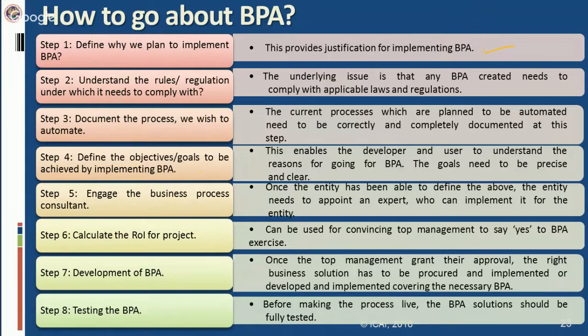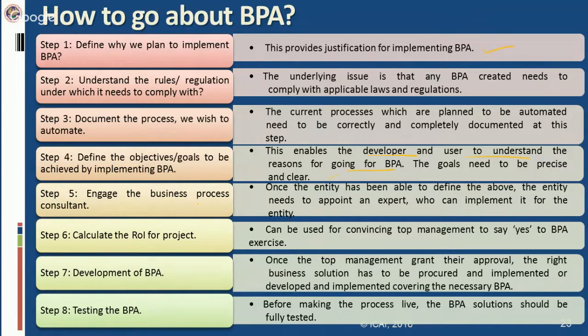Followed by step 4, which is to define the objectives and goals to be achieved by implementing the BPA, that is, what ultimately we need to achieve once a particular business process is automated. This will enable the developer and user to understand the reason for going for BPA. The goals need to be precise and clear.